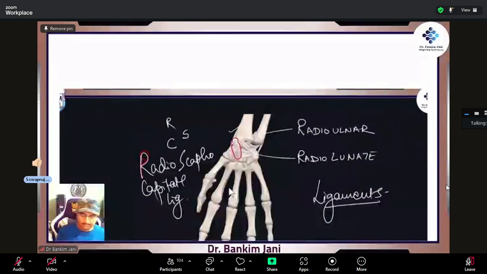So there are, practically speaking, if you dive deep now, you'll find that every bone is connected to everyone. Because when we move the wrist into multiple angles, right? Multiple axes. Because it is a multi-axial movement, the support is to be given at all levels. So that's why it will be having all examples.